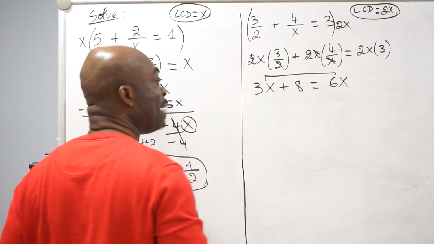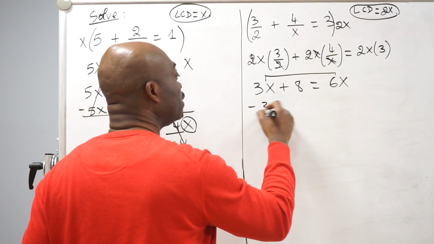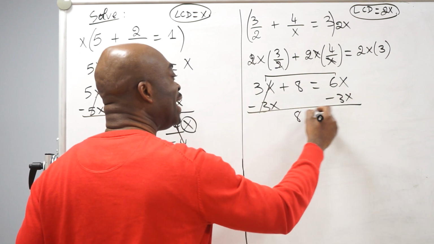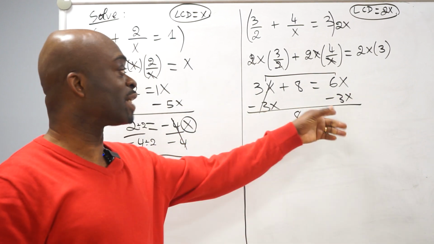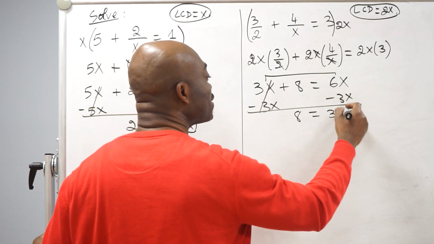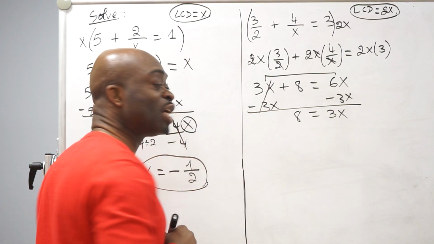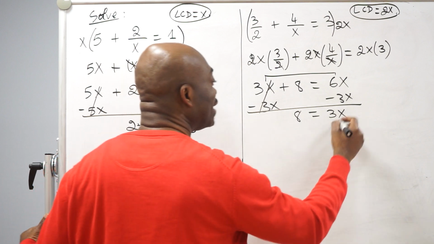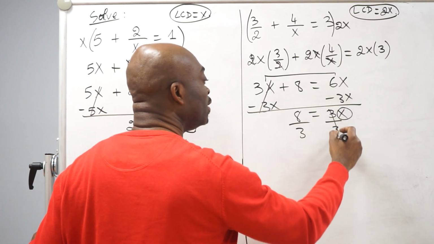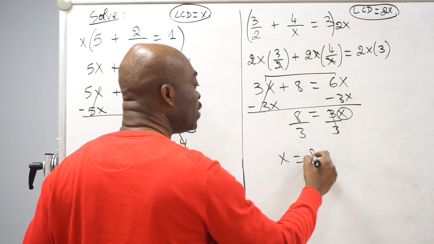So negative 3x on both sides. We have 8 equals 6x minus 3x, which gives us 3x. Then, ladies and gentlemen, we divide by 3 and 3 because our target is x, and we end up with x equals 8 over 3.